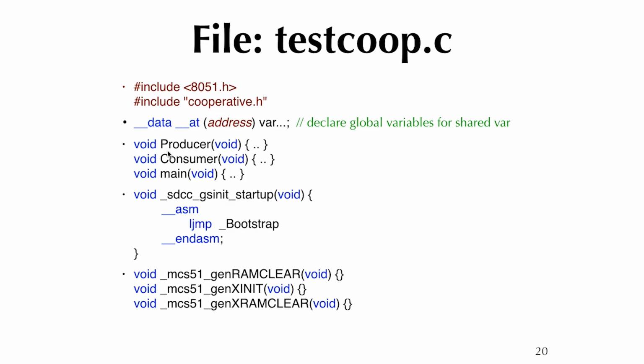Now, iData is really for the 8052. The 8052 is an enhanced version of the 8051 in that it can expand the memory by another 128 bytes, but they're indirectly addressable only, and they have the same address range as your SFR.